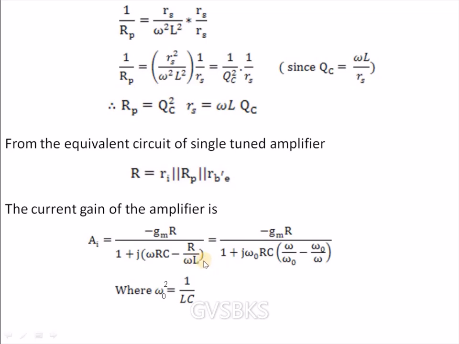Here in the denominator, if we take omega naught Rc common, you will get 1 by LC. That 1 by LC can be written as omega naught square. That's why here the numerator will have omega naught square divided by omega naught into omega, so omega naught square and omega naught get cancelled. Therefore, the equation will have omega by omega naught minus omega naught by omega.